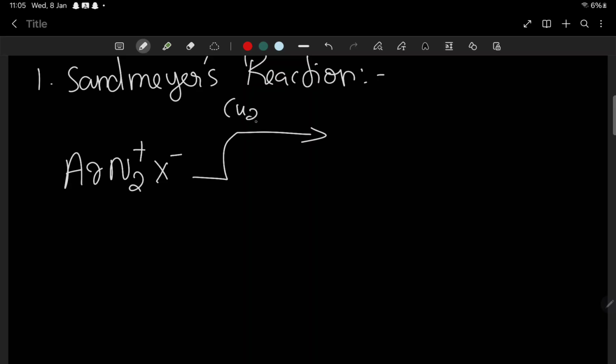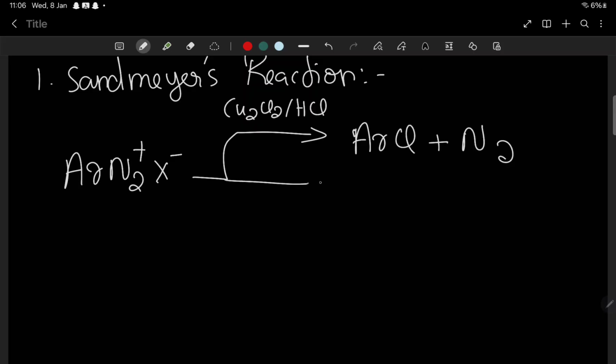If you add Cu2Cl2 and HCl, you get the corresponding chloroarene. If you add Cu2Br2 plus HBr, you get bromobenzene plus nitrogen.